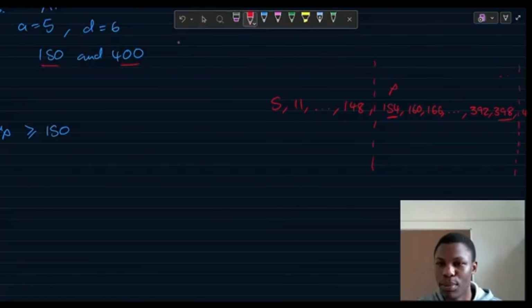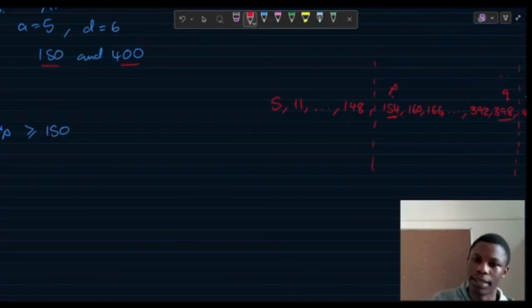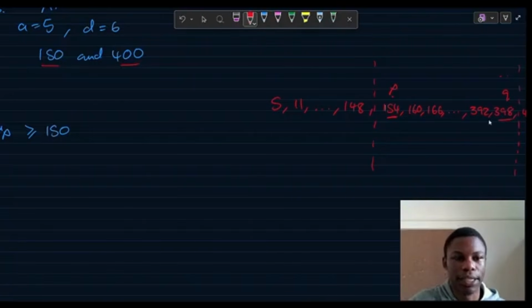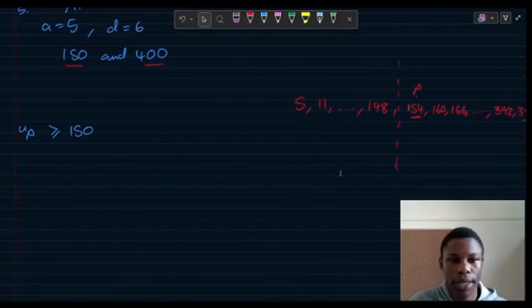This is what I've called P, and this is what I've called Q. Once we find P, I'll know the first term that fits within this range they've given us. If I find Q, I'll know the last term that's in this range. And once we have that information, it's very easy to get the sum.